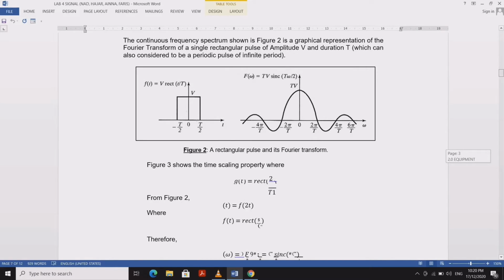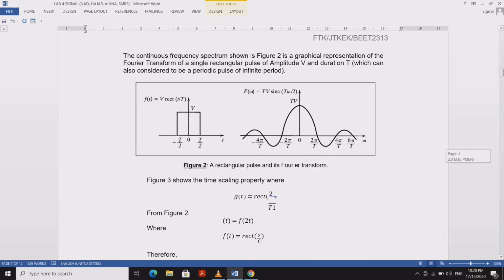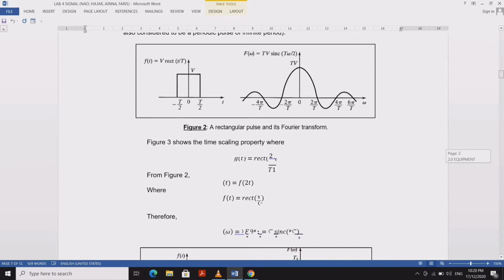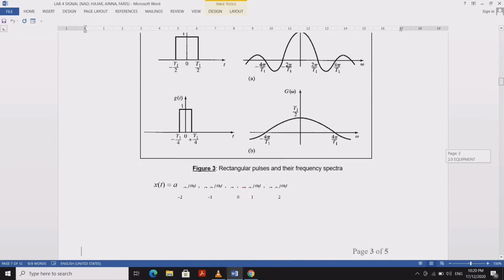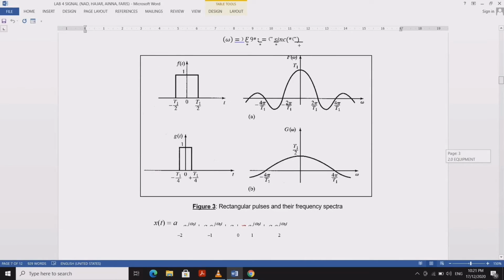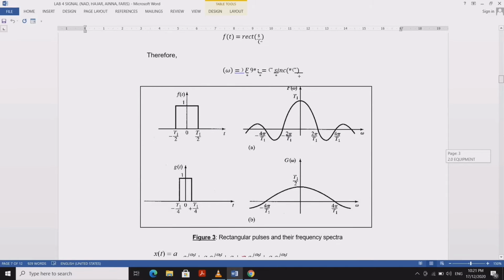This is figure 2, the g(t) and the f(t). And this is figure 3, G omega is given as shown, and I need to find the F omega from f(t).